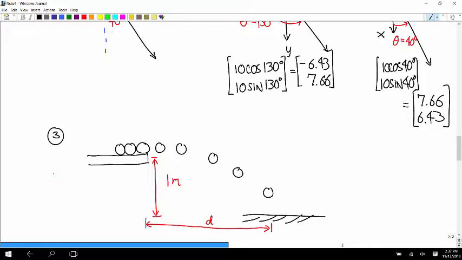Okay, so I'm going to choose a coordinate system. This one we have to do as a two-dimensional problem. I'm going to put my coordinate system on the ground right beneath where the ball is when it leaves the table. There's my x-axis and my y-axis.